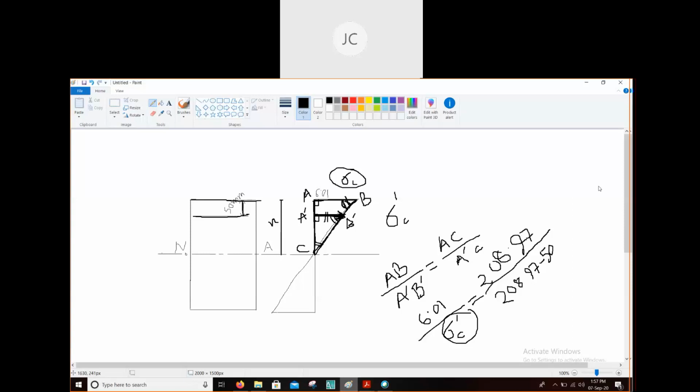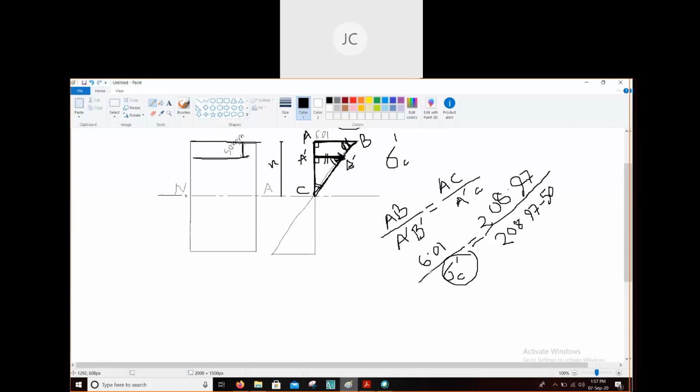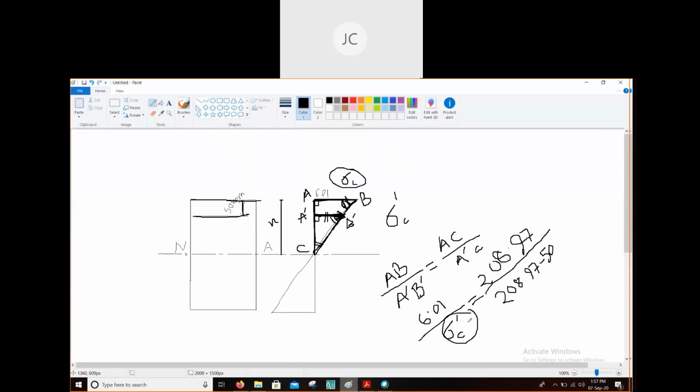Now AB represents the stress in the topmost layer, that is our sigma c, and the value is 6.01. A dash B dash represents the stress at this level, which we need to find out. I am writing here sigma c dash, and this value is unknown.